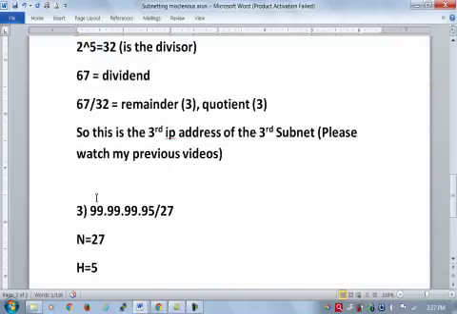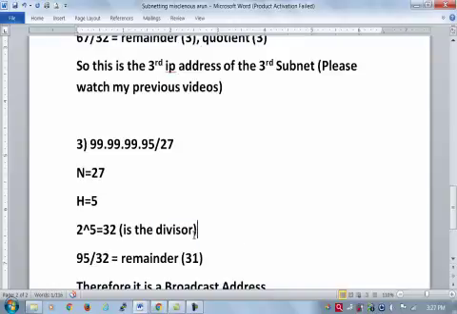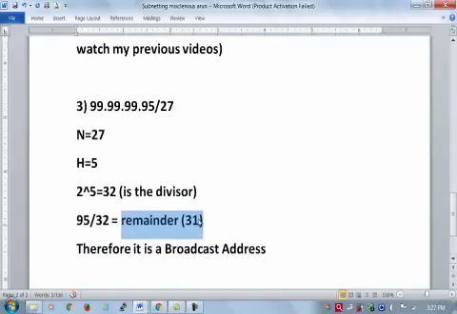Then the last one, there is an IP address which is given as 99.99.99.95/27. So again my divisor becomes 32, and my dividend becomes 95. So 95 divided by 32 gives me a remainder of 31.